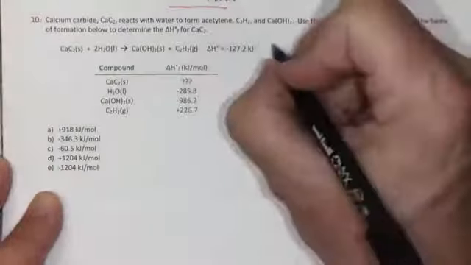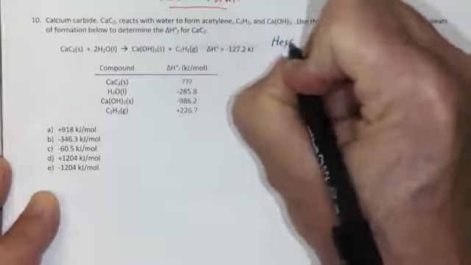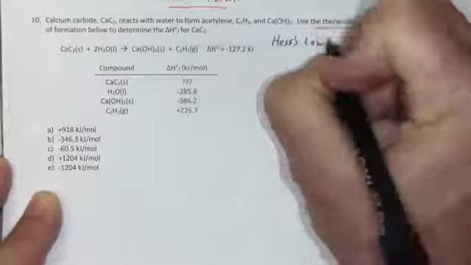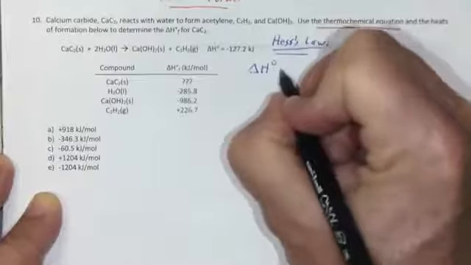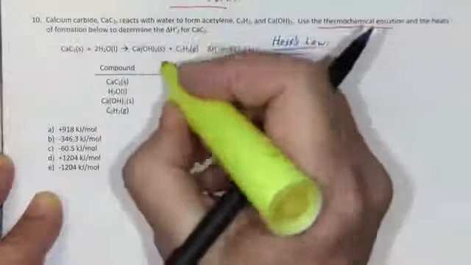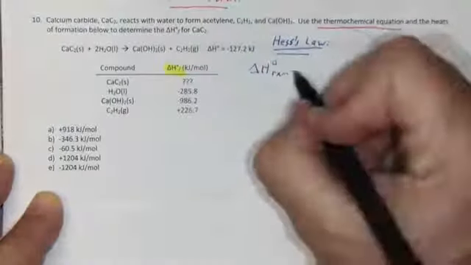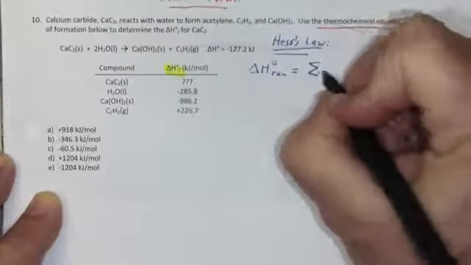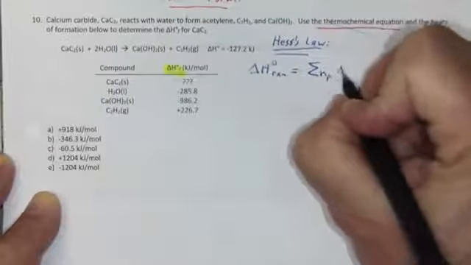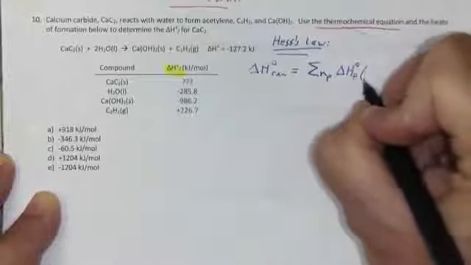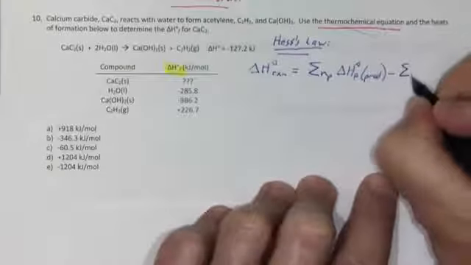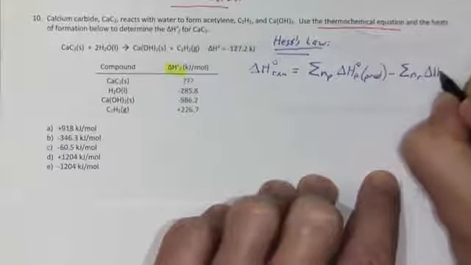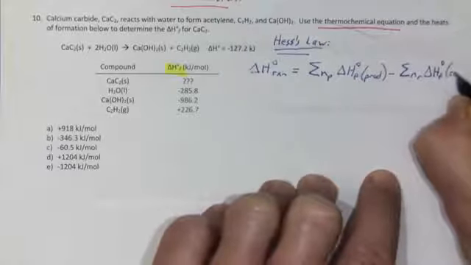Okay, let me write Hess's law over here. So Hess's law says that you can calculate the delta H 0 for a reaction if you know the delta H of formations. These are the standard enthalpy of formation of these substances. And it's equal to the sum times the stoichiometric coefficient of the products times the delta H 0 of formation of the products, minus the sum times the stoichiometric coefficient of the reactants times the delta H 0 of formation of the reactants.